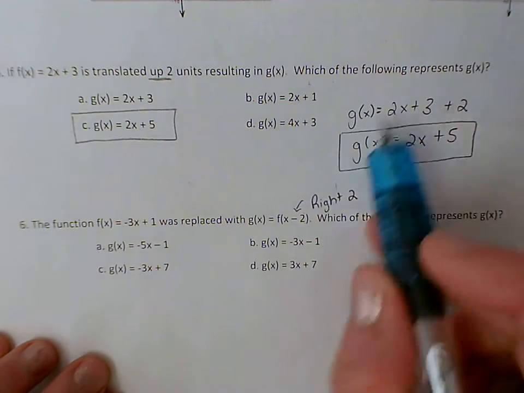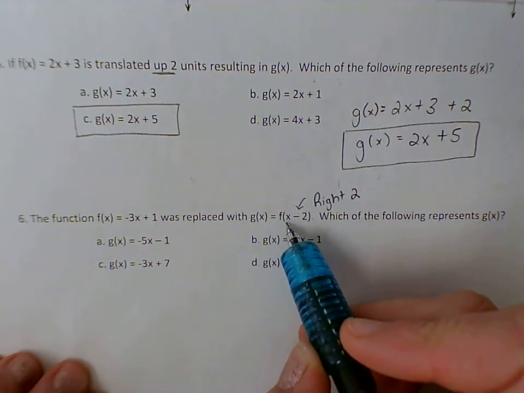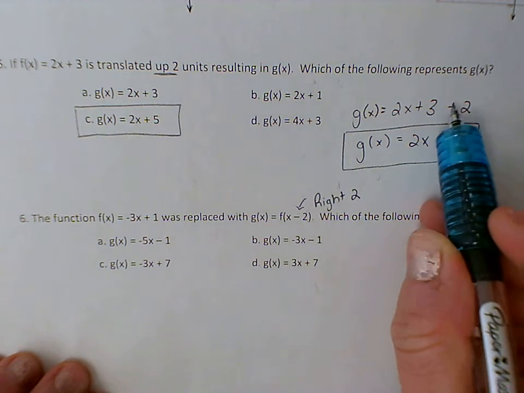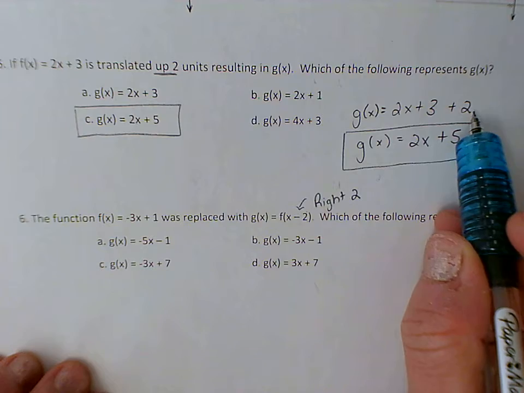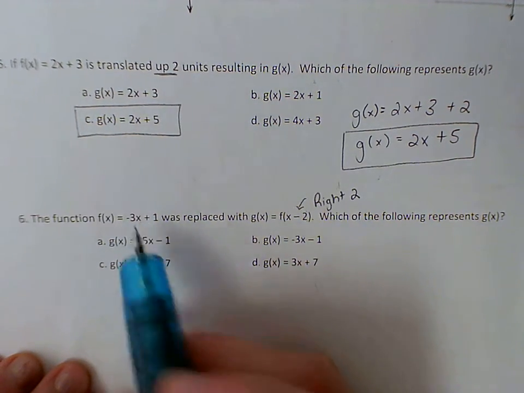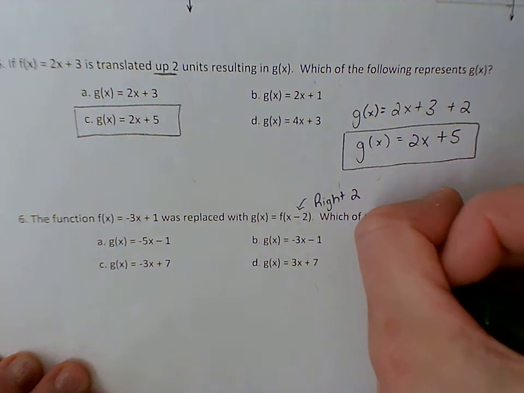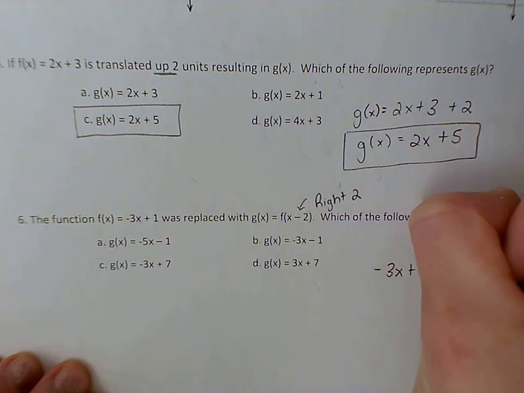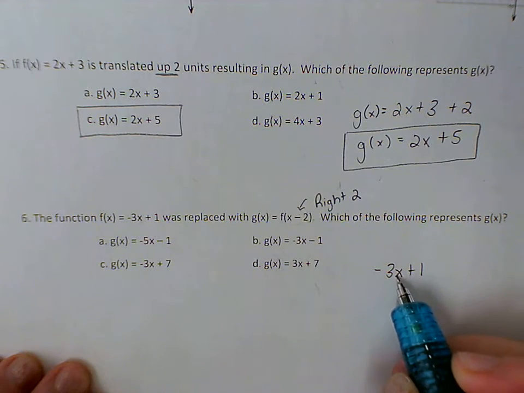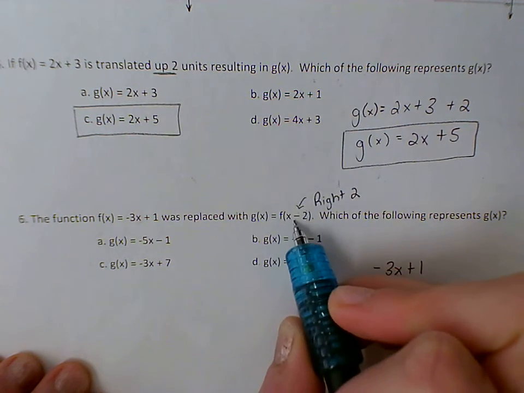So I'm going to show you how to do it with the equation, okay? Since this is on the inside with the x, instead of just adding it to the side of it like we did before, we have to actually put it in parentheses with the x. So when I take this equation, just like before, you write the equation down, but I have to completely replace the x with this, okay?